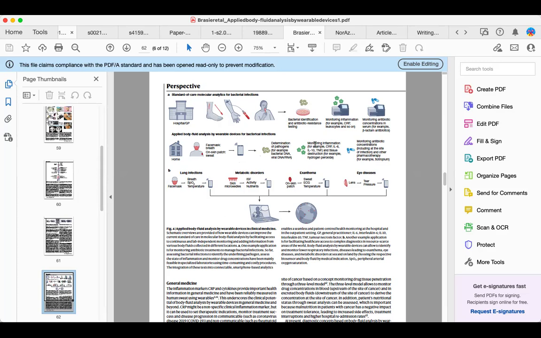Okay, so this is what we call graphic information, to give the reader a better understanding about the idea of having a body fluid analysis by wearable device. Probably it is a new way to do things compared to still going to the hospital, giving samples, sending them to the labs, and getting the results after probably a week or a month.